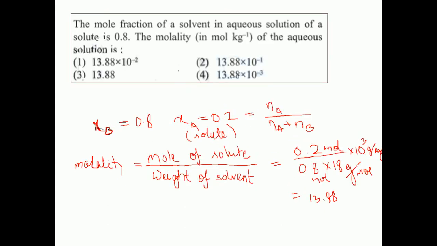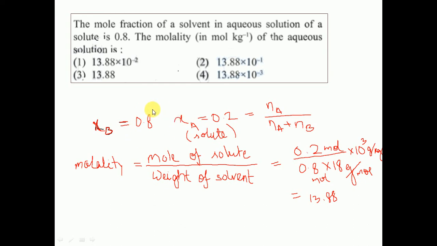So this is the last question. This is from the molality concept. The question is, the mole fraction of a solvent in an aqueous solution of a solute is 0.8, and we have to calculate the molality of the aqueous solution. Fine. So here the mole fraction of the solvent is given as 0.8.